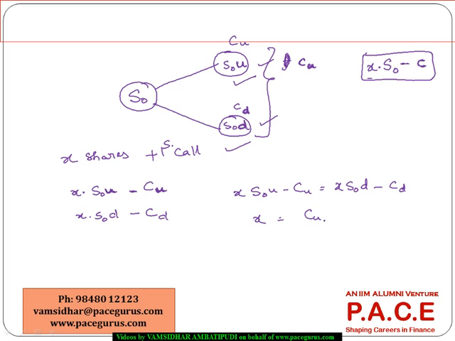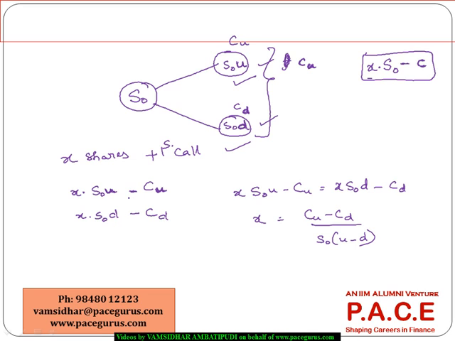So this is coming out as CU minus CD divided by S naught into U minus D. If I say U is a percentage up or percentage down, then it typically comes out like this. So we know that these many shares need to be purchased.